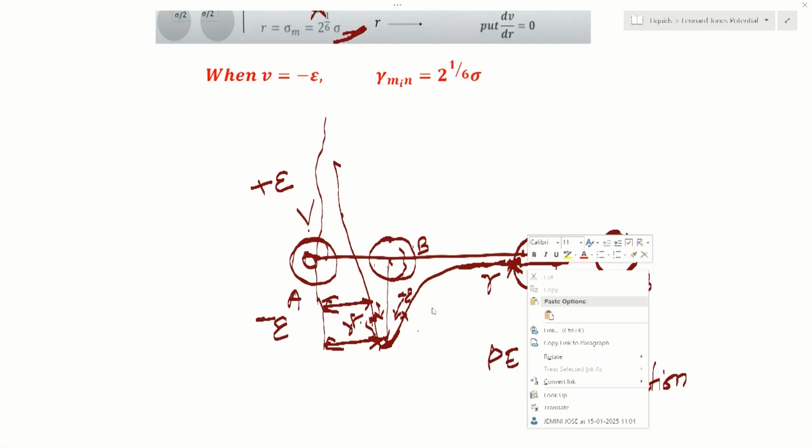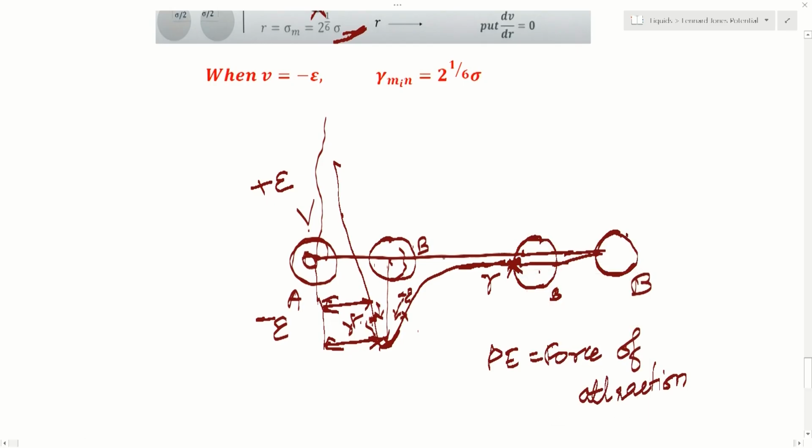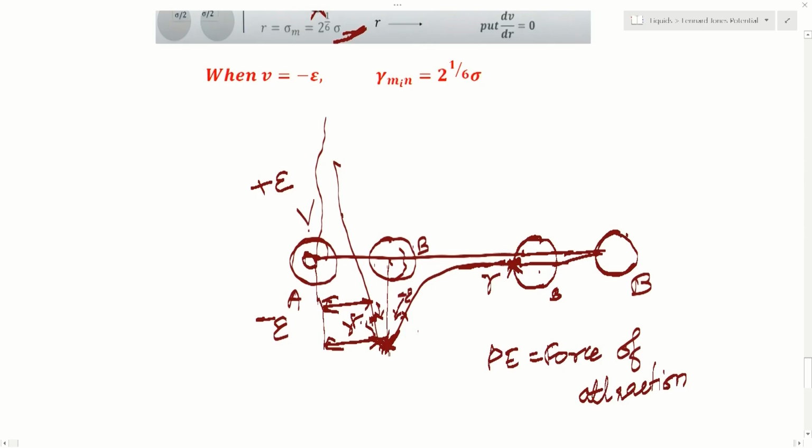And when the distance between A and B is r, that is the minimum distance, there will be the maximum force of attraction. Here is the well. Therefore, the potential energy of the interacting molecules is due to the force of attraction.